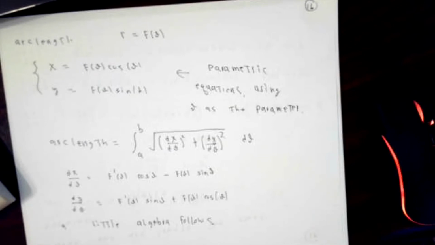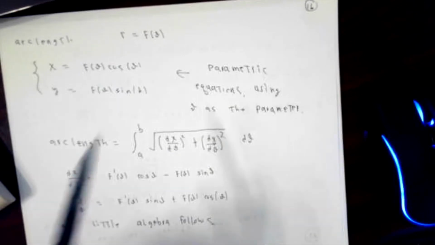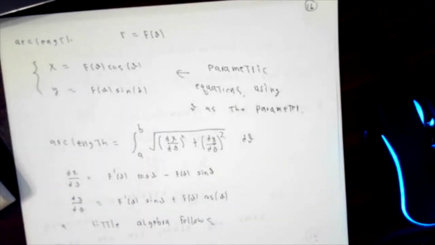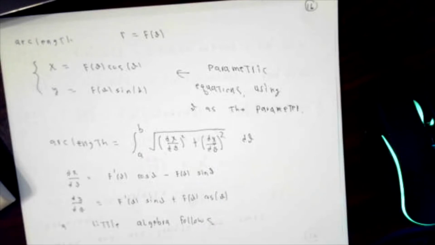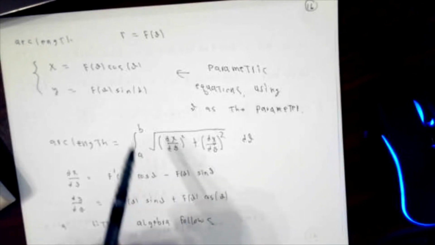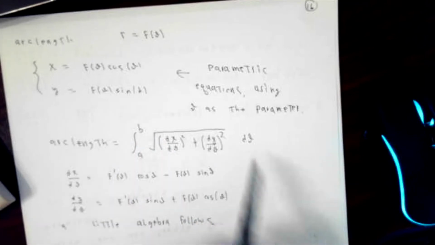So really, if you're looking at this situation, these are nothing but parametric equations for x and y in terms of theta. We already know how to find arc length in parametric. Instead of writing t down, we write theta instead, but that's just changing the name of the parameter. That doesn't amount to anything. I have to put in the smallest and biggest theta values that are relevant to me.